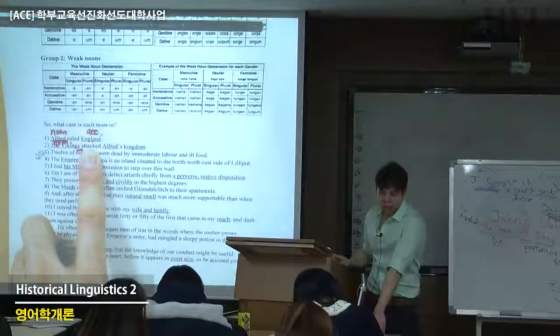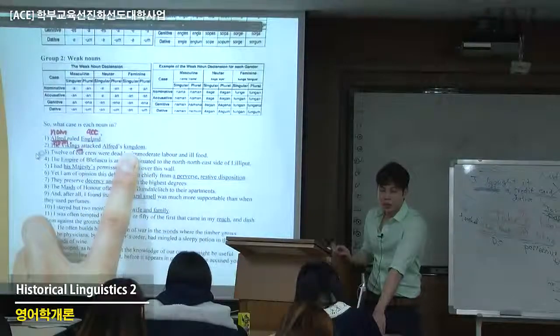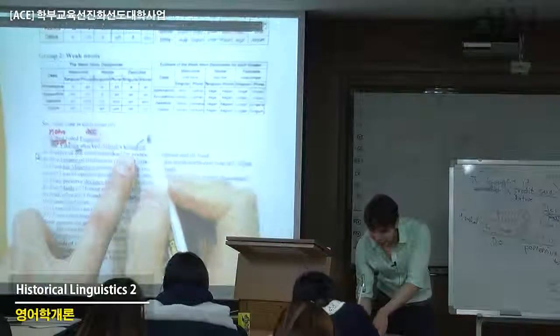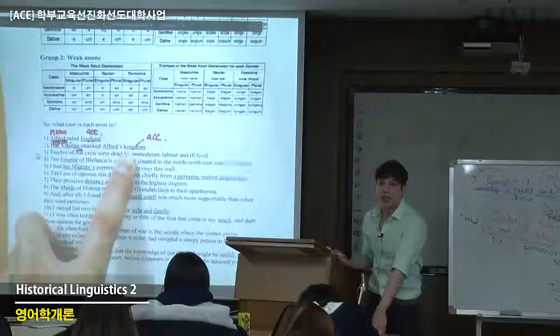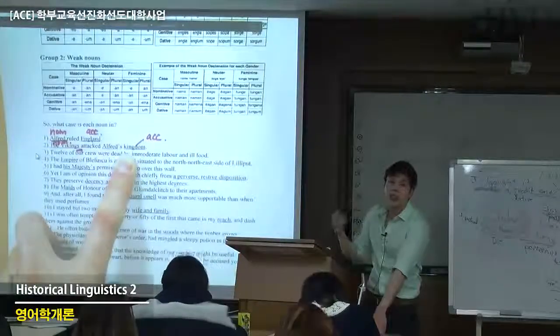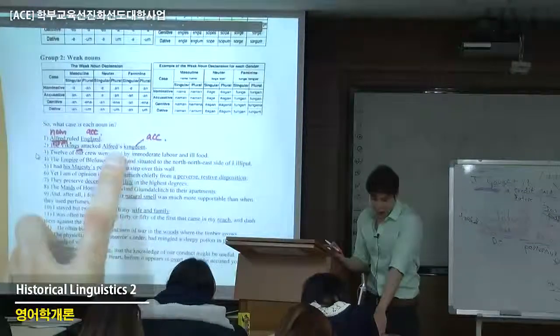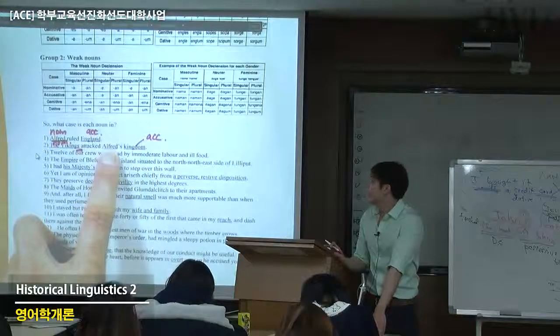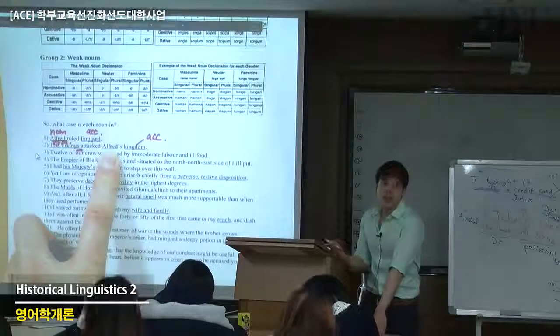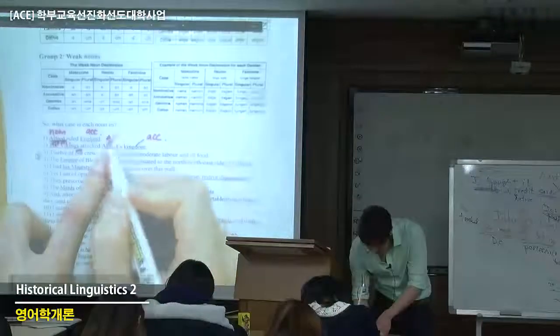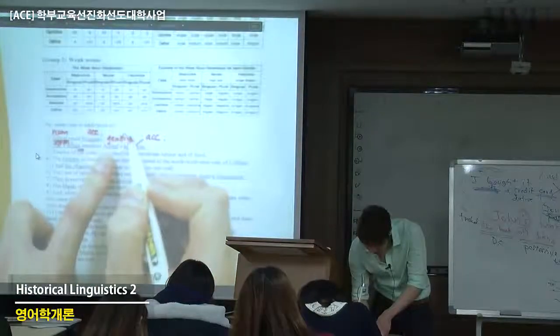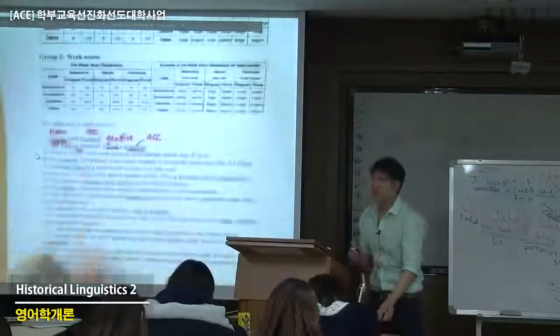Attacked is the verb. So attacked the kingdom. In this case, kingdom is the accusative case, and it's accusative singular too, right? And Alfred's is the possessive or genitive case. Okay, and then kingdom is accusative case.